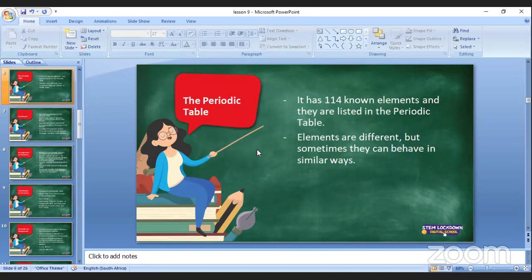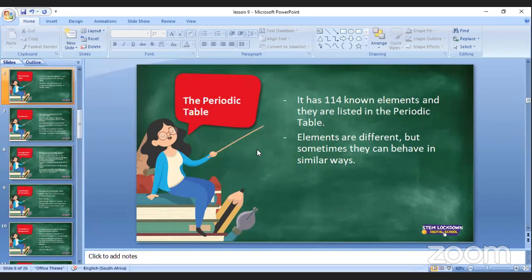Elements are different, but sometimes they can behave in similar ways, like people who are different but behave in the same manner. Remember that we have different groups and different periods. Those are also things that determine the behavior of elements.